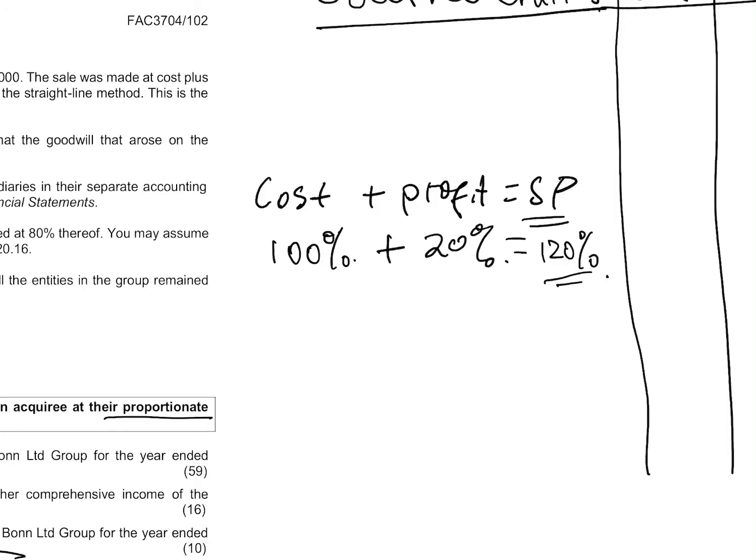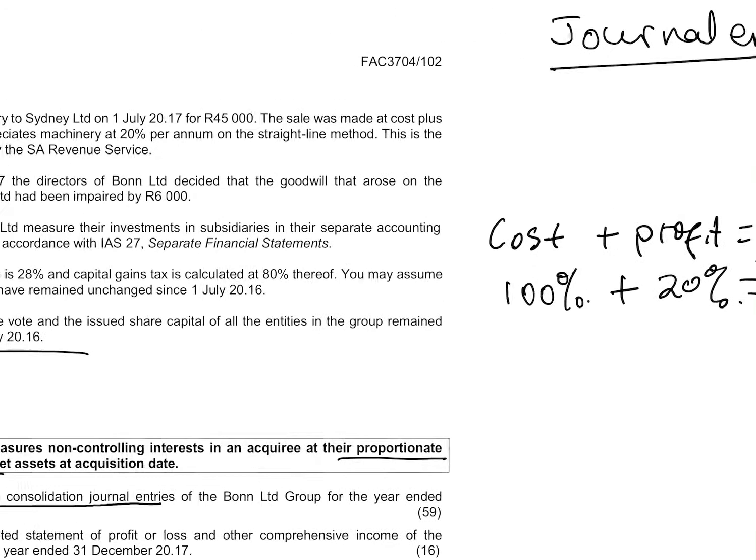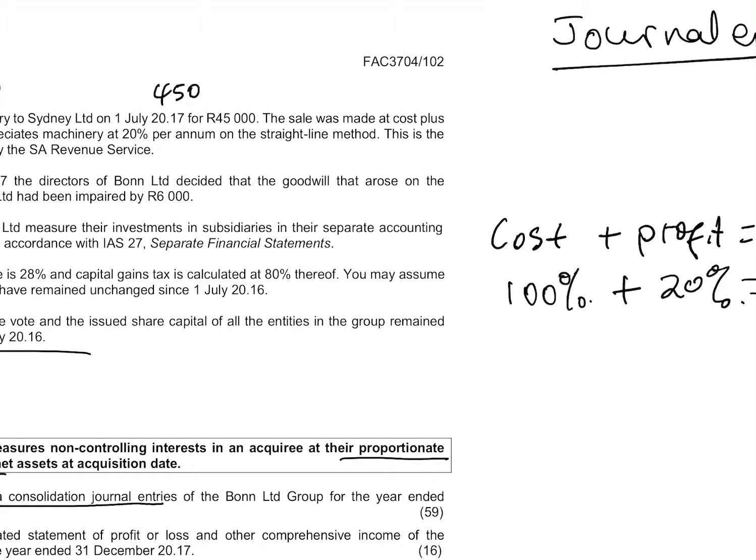Are we together? So therefore, when we're looking at that 45,000, we are going to just simply say the profit element is 45,000 multiplied by 20 over 120, because the 45,000 is the price that the asset was actually sold for to the subsidiary.